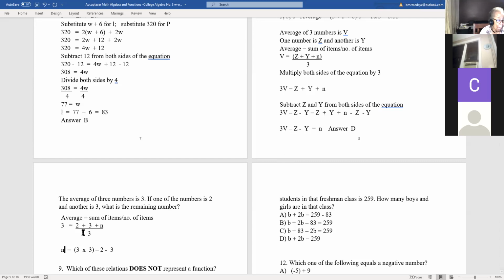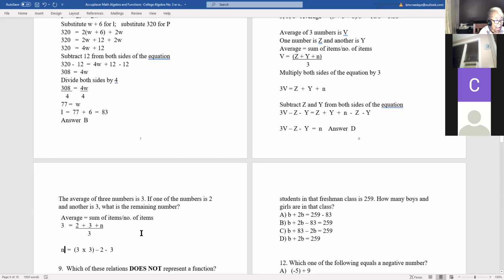So when you put the numbers in, you get the same thing you got with the letters, except you'll have a v for the 3, and then a z and a y for the 2 and the 3. You follow? If the average is 3, one of the numbers is 2 and one is 3.